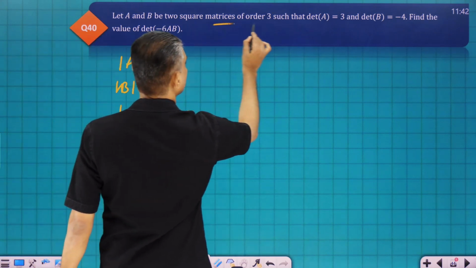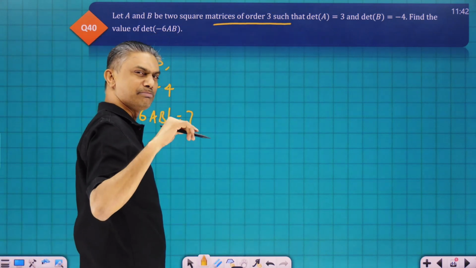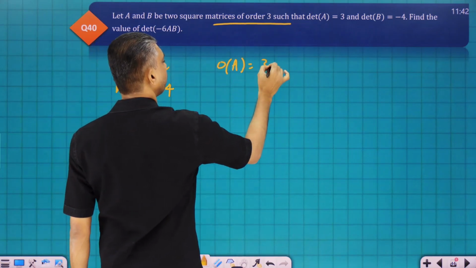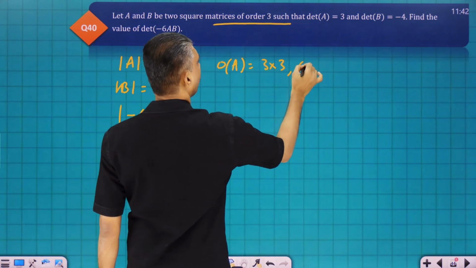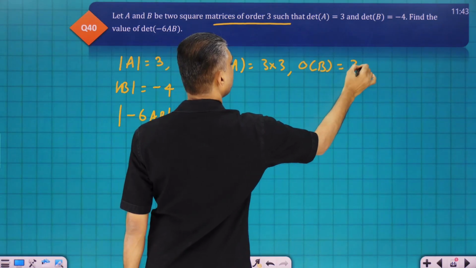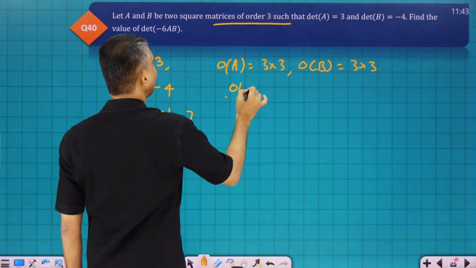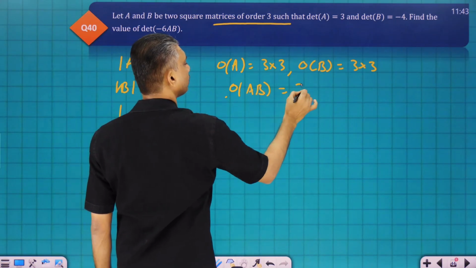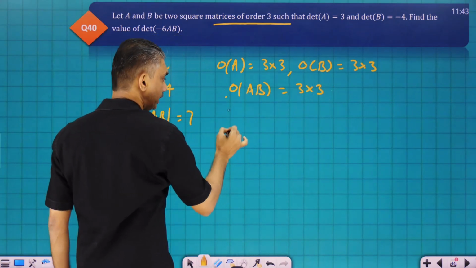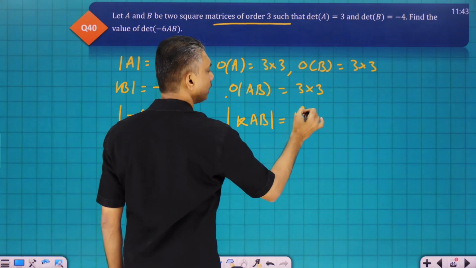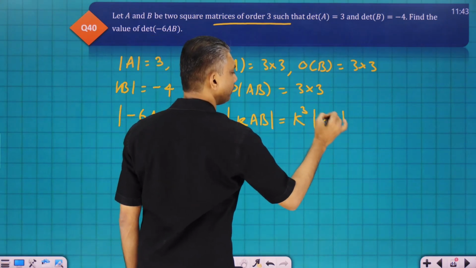Order of A is equal to 3 by 3, order of B is equal to 3 by 3. Therefore, order of A into B is equal to what?